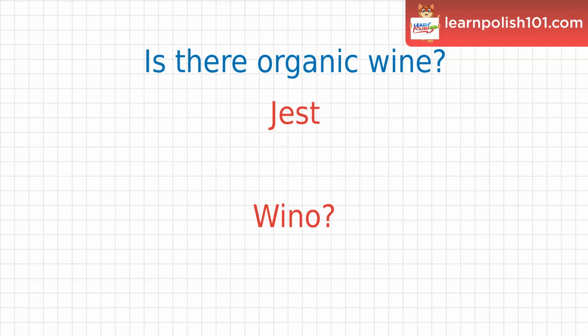So we take off the ick to give us our root. And this is a nice soft sounding bit here, so we know that we need to ichna it. Okay, so here is how you would say, is there organic wine? Jest organiczne wino?